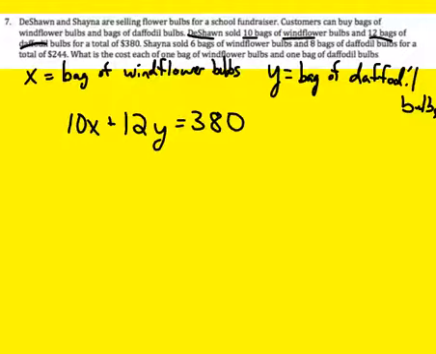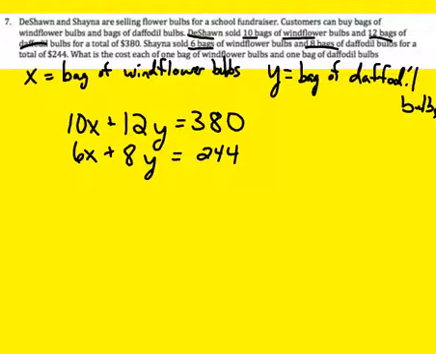Shayna sold 6 bags, 8 bags, so plus 8y equals 244. What is the cost of each one of the bags? So I have two systems there.